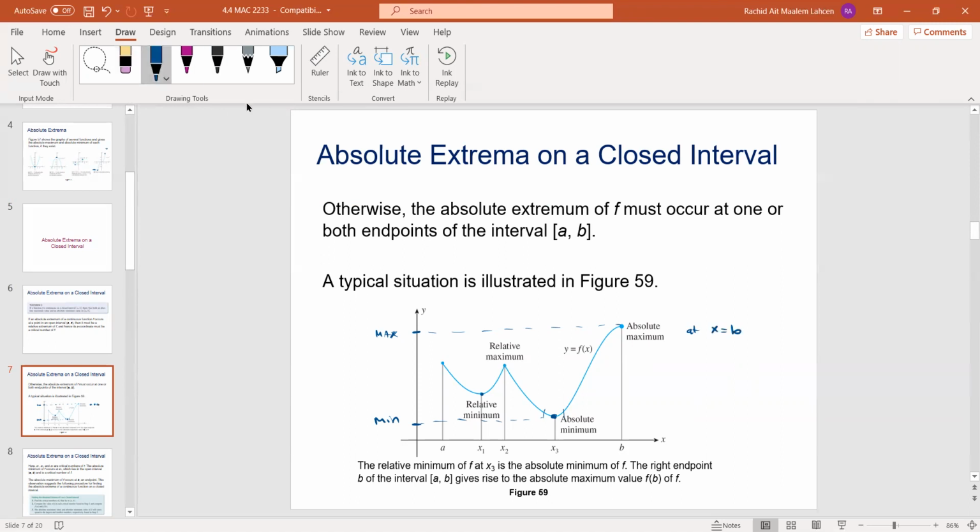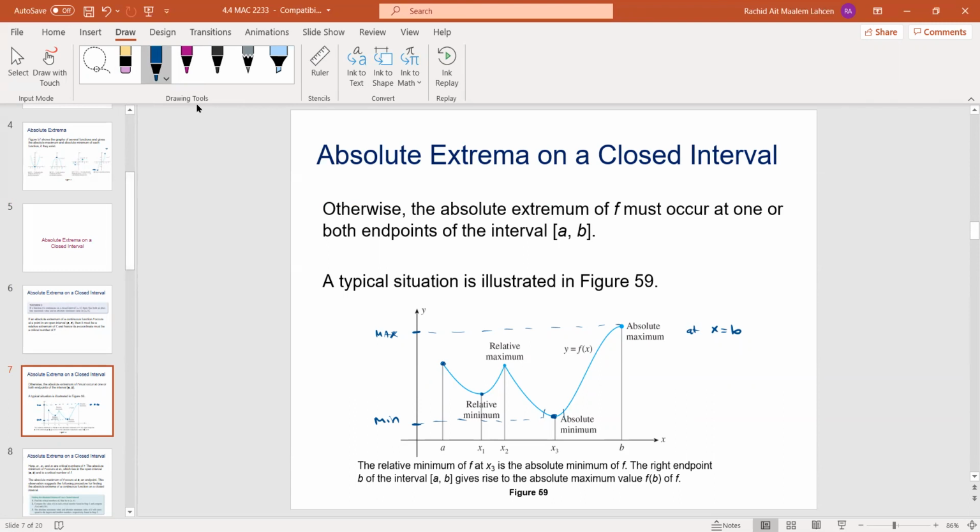And this point, if it's a little bit higher than this endpoint, it can only be an absolute max or min. It can't be a relative one because it doesn't have both sides, right? So it looks like it's neither, because it's not an absolute maximum and it's not an absolute minimum.